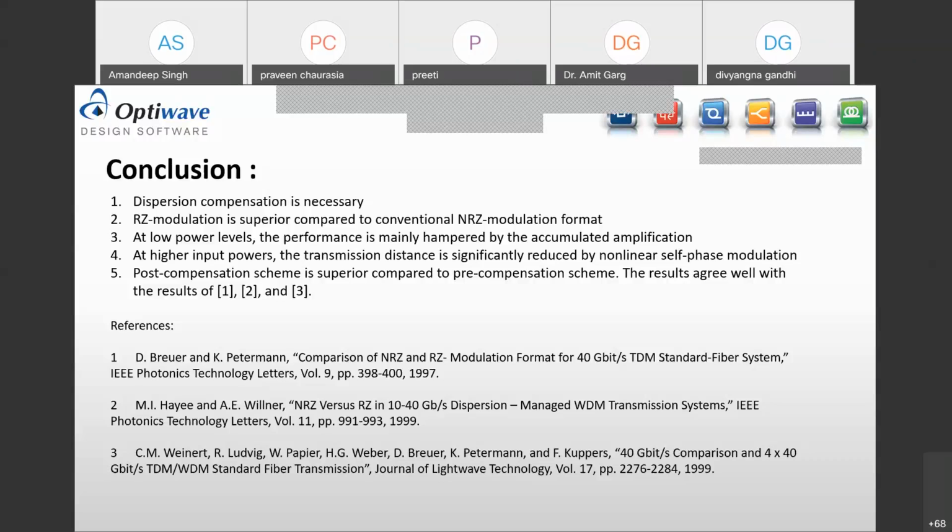Post-compensation scheme is superior compared to the pre-compensation scheme. So as per these references, this phenomena has been simulated. Apart from this, we can also share the paper. Let me move to that one.